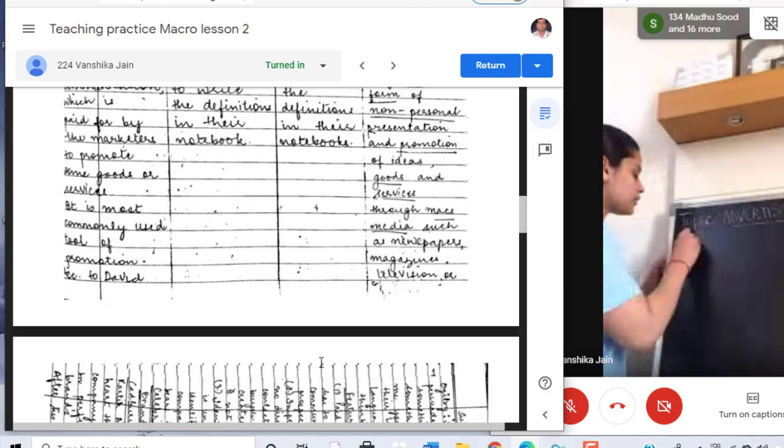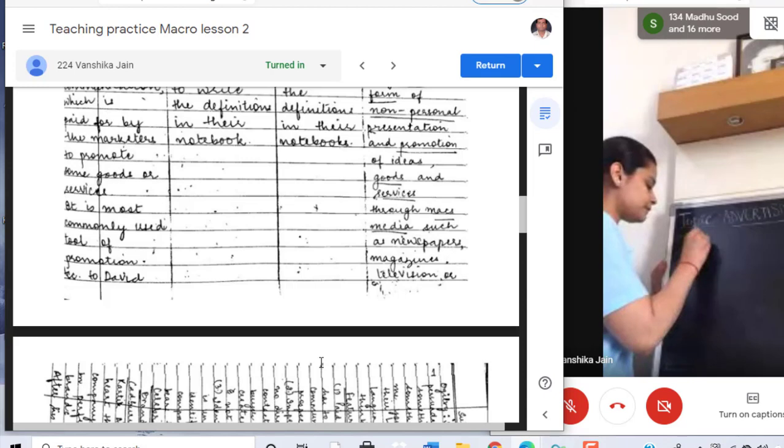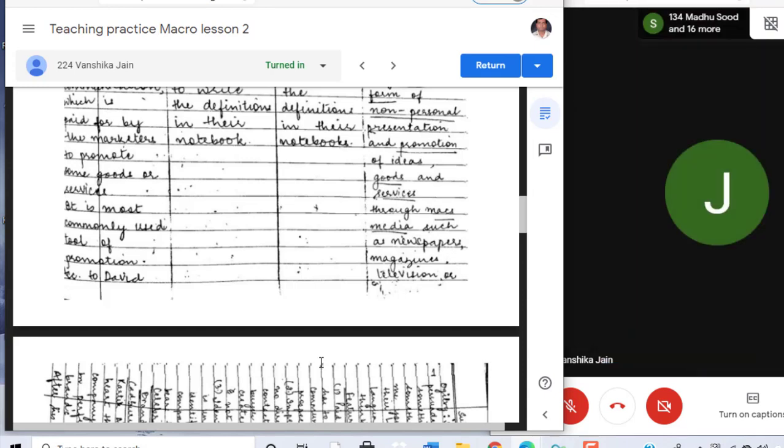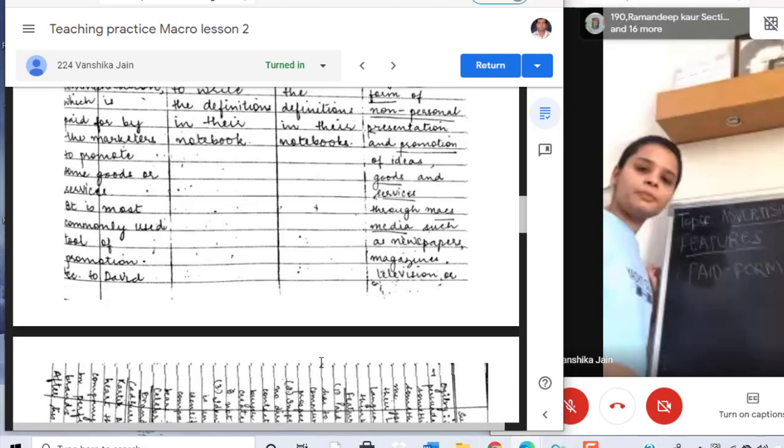Okay, so coming to the features of advertising, first feature is it is a paid form. This means that advertising is a paid form of promotion.